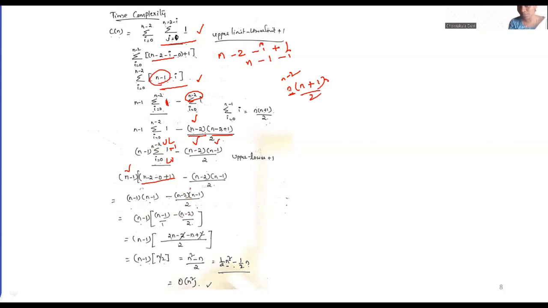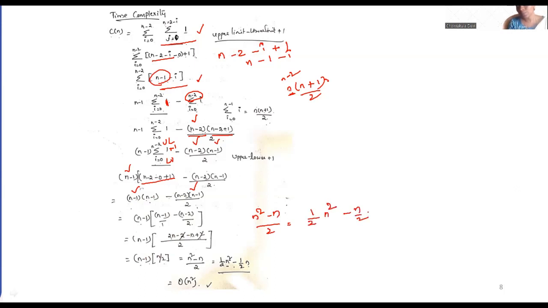We make n minus 1 common in both expressions, so n minus 1 and here we have n minus 2 by 2. After doing the LCM and simplifying, we get n by 2 here and minus 1 here. Now doing the multiplication, we get n square minus n by 2, which can be written as 1 by 2 n square minus n by 2.